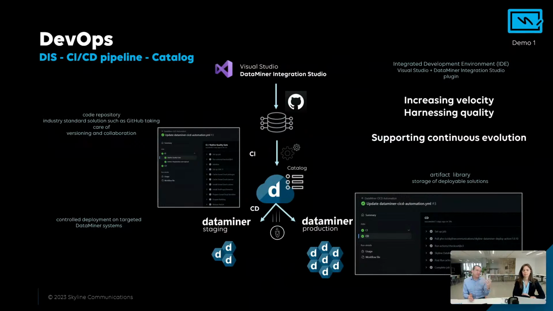That will benefit DataMiner Integration Studio as the integrated development environment, as well as GitLab and GitHub for the versioning, the hosting, the testing, and the deployment of the different artifacts, for you to increase your release velocity and improve your release quality.